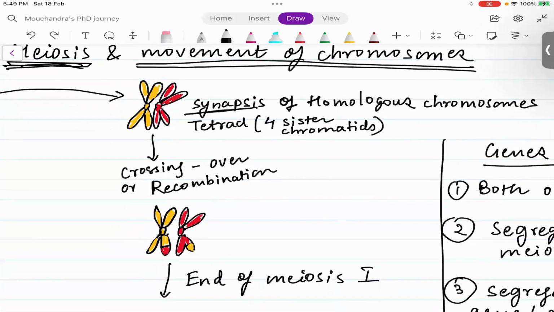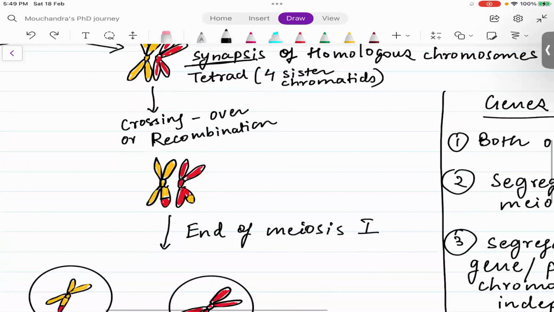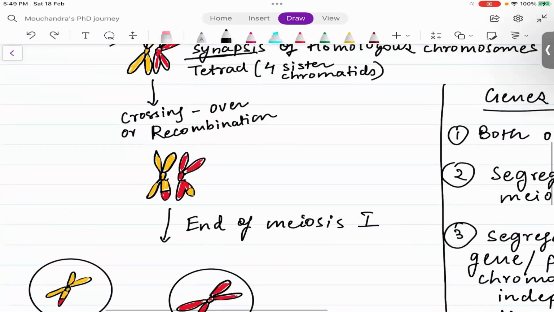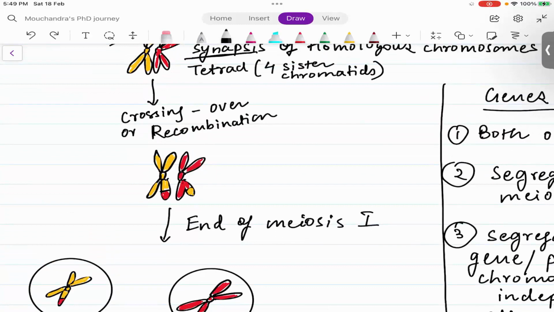Now there's a step called crossing over, or recombination, where exchange of some chromosome material or DNA content happens. So this segment of the chromosome has come from this yellow homologous chromosome and vice versa.